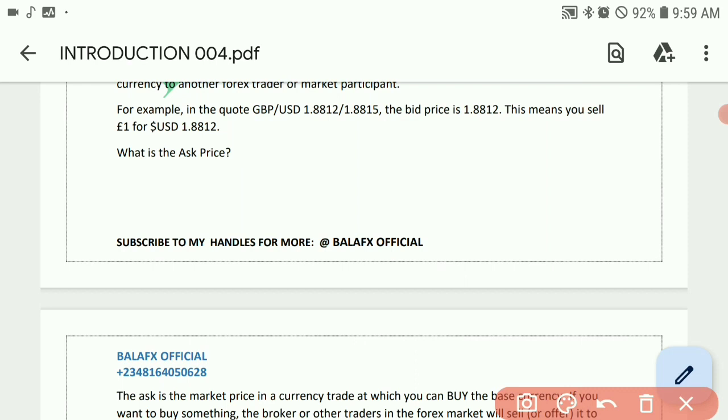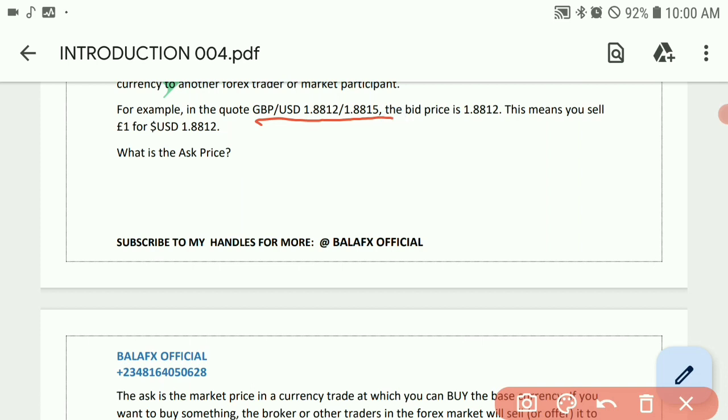For example, the quoted currency is 1.8815. The bid price is, okay, I made a mistake. Look at the price, look at this line.